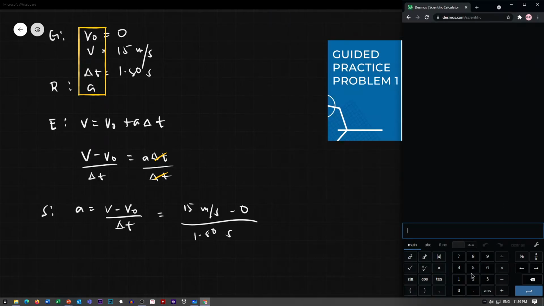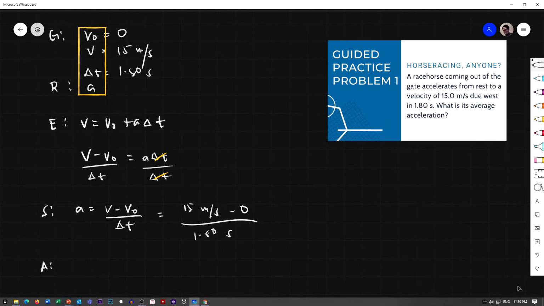So we have 15 divided by 1.8. There. So our answer is 8.33. Acceleration is equal to 8.33.